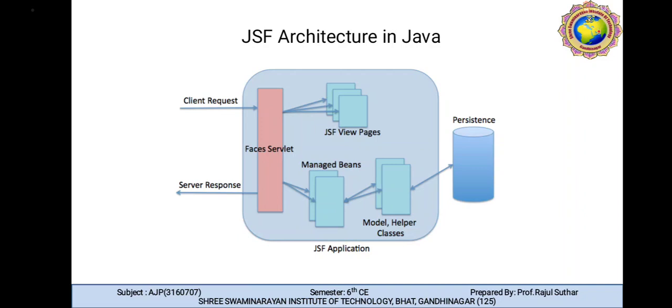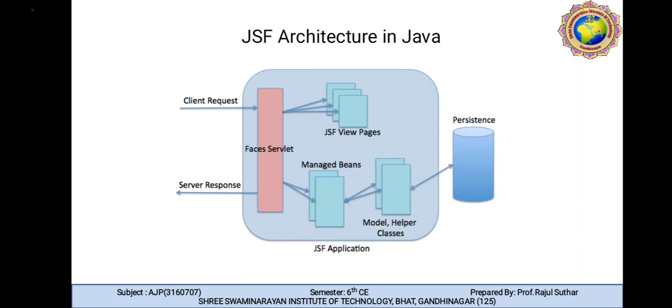So it routes a request to the appropriate page. It can read the config.xml file, or we are managing the bean. The managed bean contains data and can access backend data or a database to retrieve the desired data for processing a request.